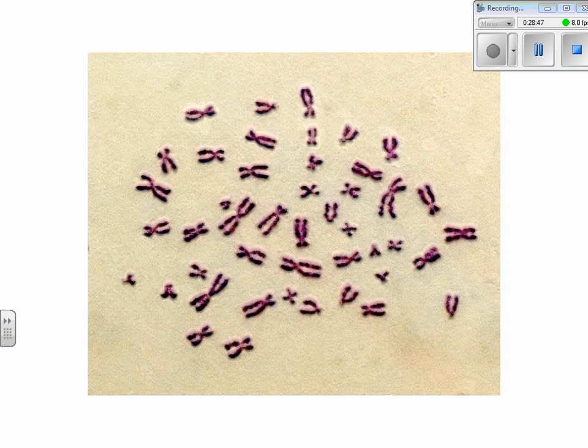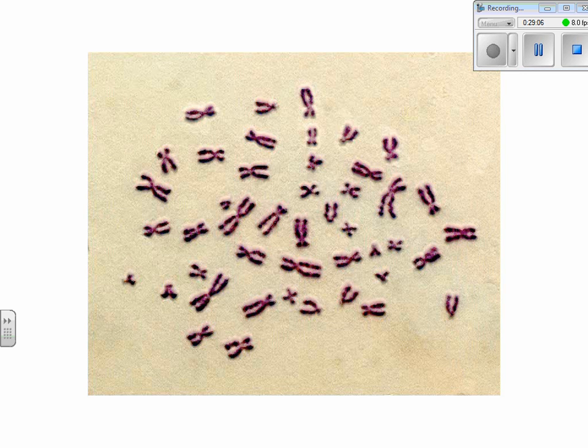And if you're going to actually lay them out and number them, then they are literally organized by size more than anything else. All right, so the biggest pair of chromosomes is chromosome number 1. The smallest is 22, and the sex chromosomes are just separate.